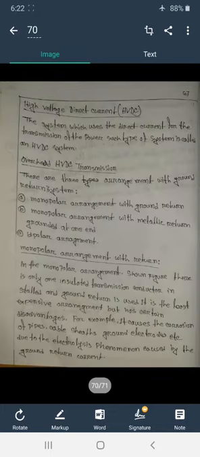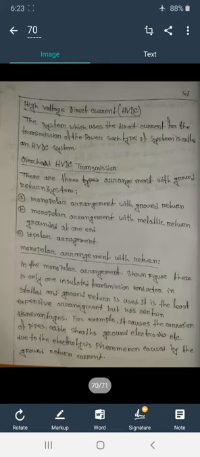High voltage direct current is HVDC. The system uses direct current for the transmission of power. Such a type of system is called an HVDC system.